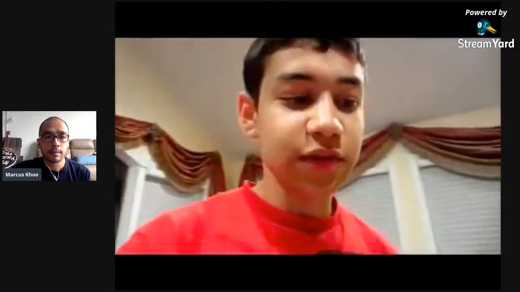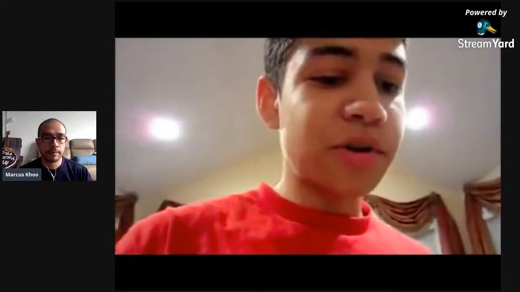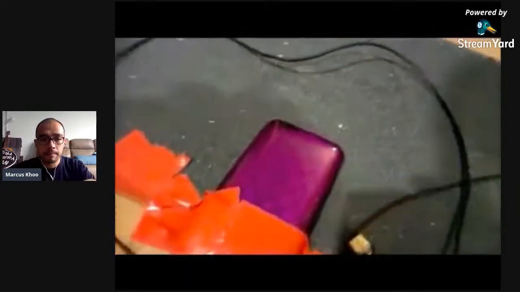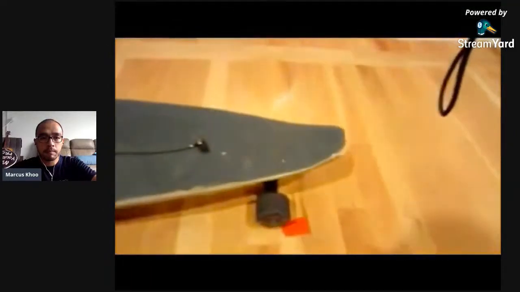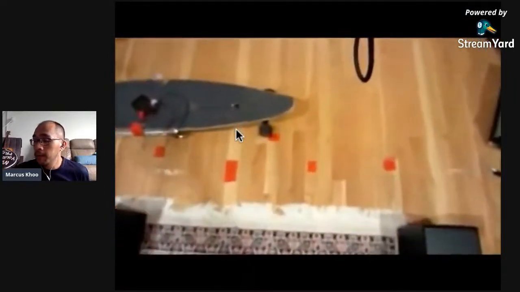So basically, this is the setup. The camera is going to be attached to this skateboard that I'm going to tape it on. And this is a microphone that goes into the iPod, which is running a decibel meter app, which will measure the volume of the interference. And it's just going to be rocking back on the skateboard. I've marked the spots of destructive interference with red duct tape.